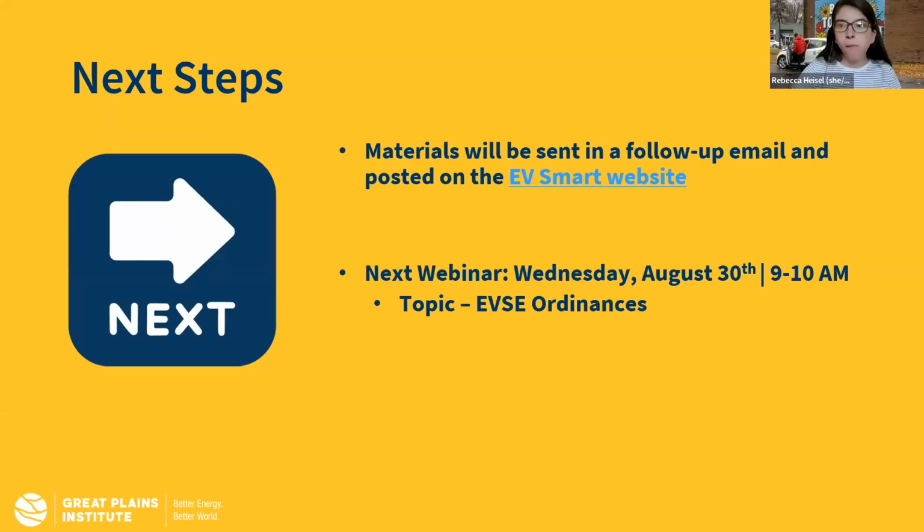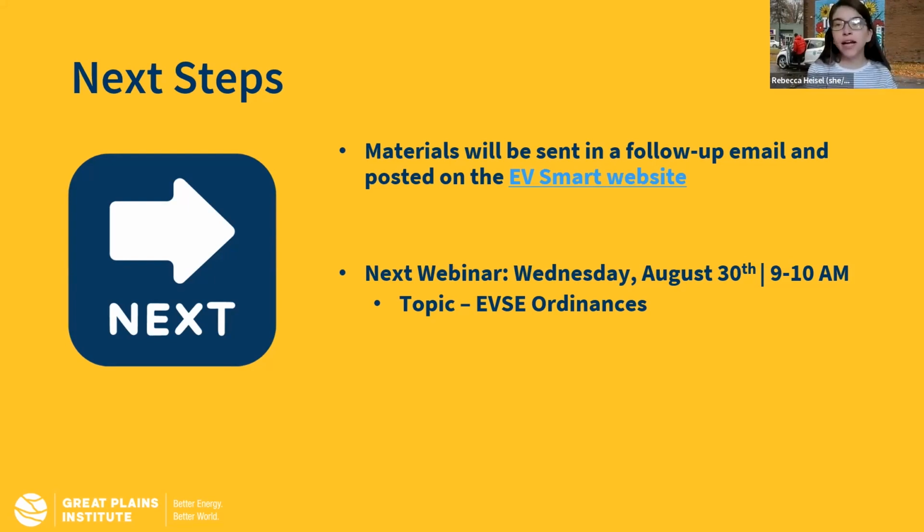I'll just share my screen here really quickly. For next steps, we will be sending out a follow-up email that has all of the links that we talked about today. Also, the recording of this, the slide deck and whatnot will be loaded onto the EV Smart website.